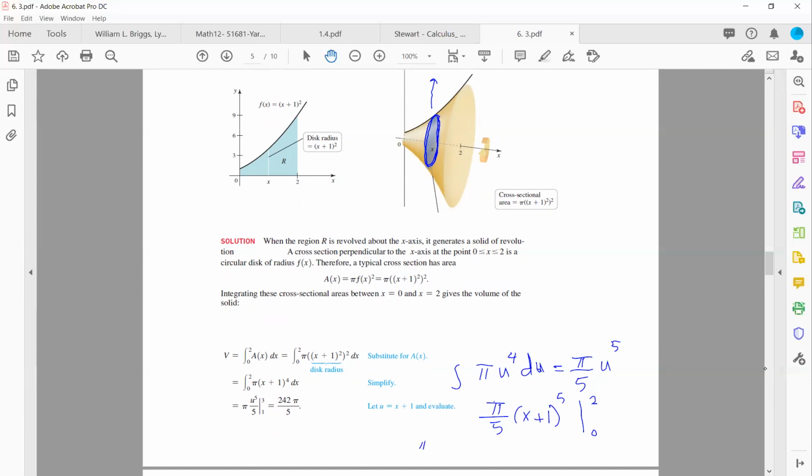So here you get pi over 5. If you plug in 2, you get 3 to the fifth, minus, when you plug in 0, you get 1 to the fifth, which is 1. After you simplify this, you get 242 pi over 5.